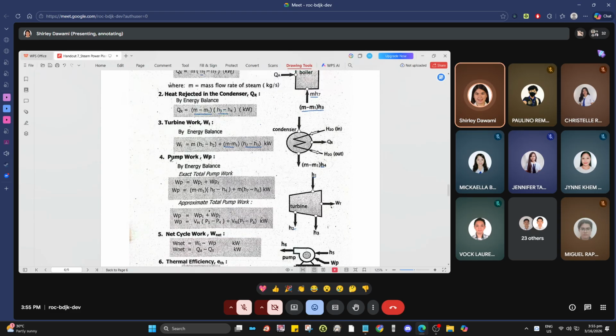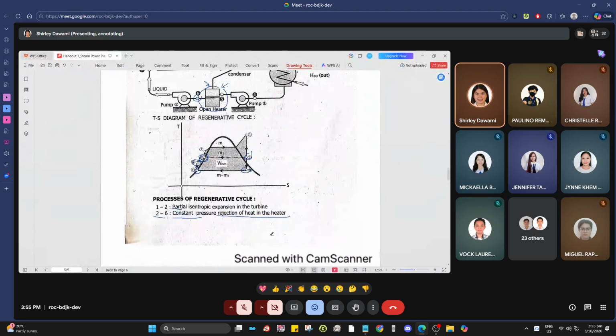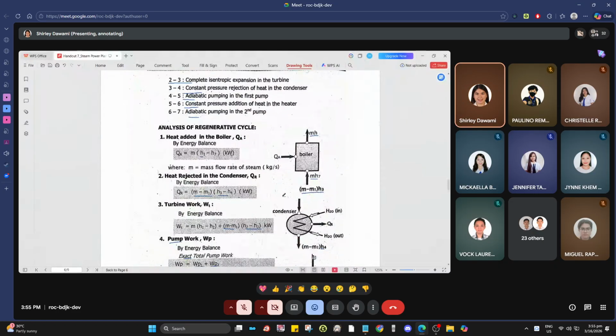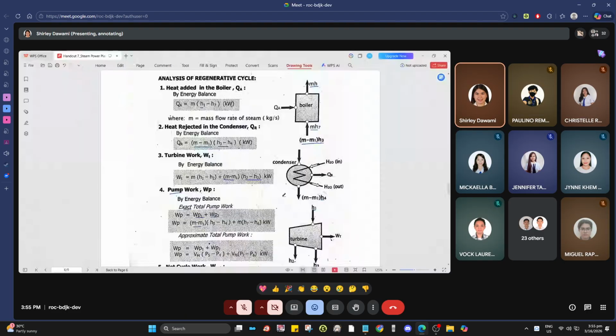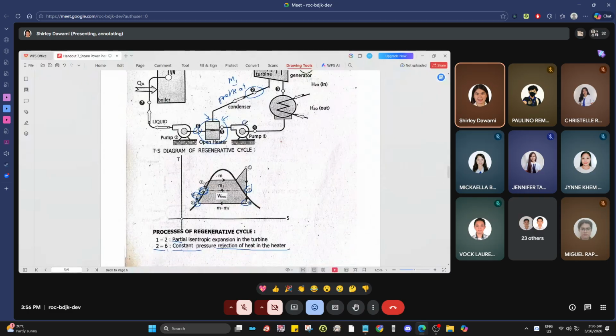For the pump work, no? Exact total pump work is pump work 1 plus pump work 2, where pump work 1 is, okay, so bantayi nimo kaning pump work 1. Work, yeah, is M minus M1. So this is the pump work 1, and then the pump work 2.